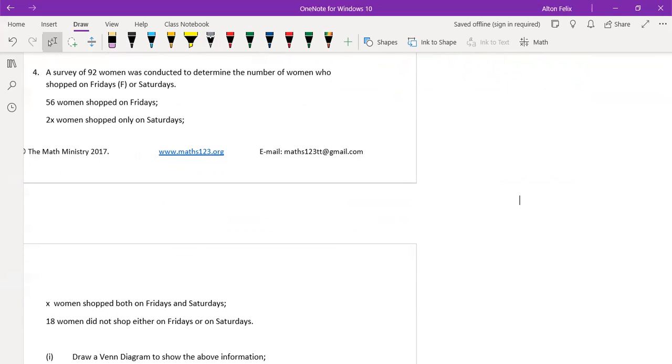So we'll take F for Friday and S for Saturdays. 56 women shop on Fridays, 2X women shop only on Saturdays. X women shop both on Friday and Saturday. 18 women did not shop either on Friday or on Saturday.